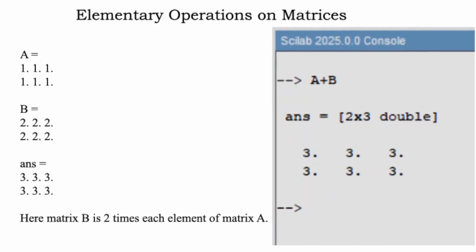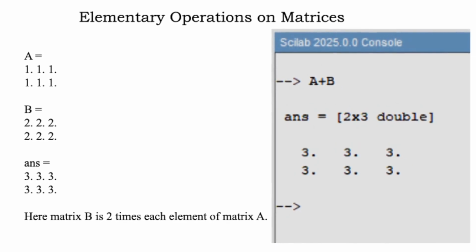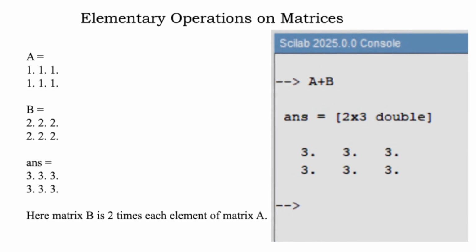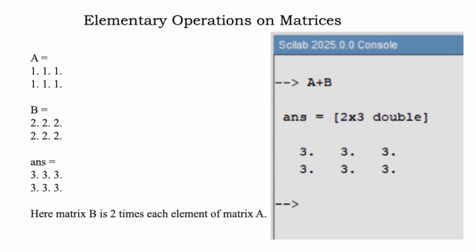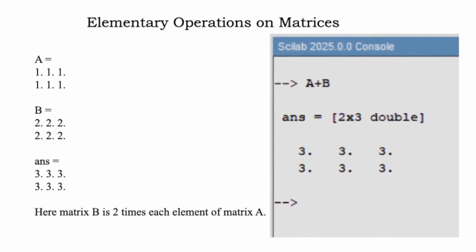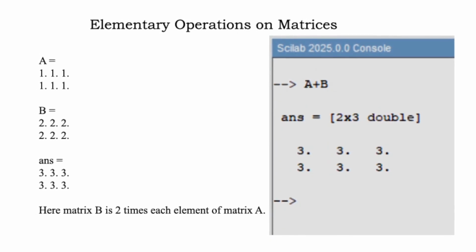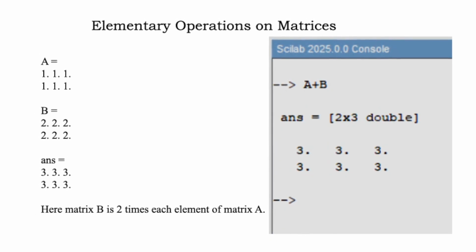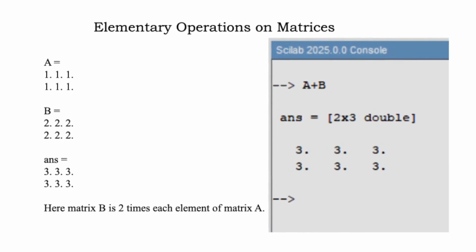A has both rows as 1, 1, 1. B is a matrix having 2 rows, with all elements 2, 2, 2. The result of addition is 3, 3, 3 in all places of the matrix. Here, matrix B is 2 times each element of matrix A, and the addition results in the answer as seen here.